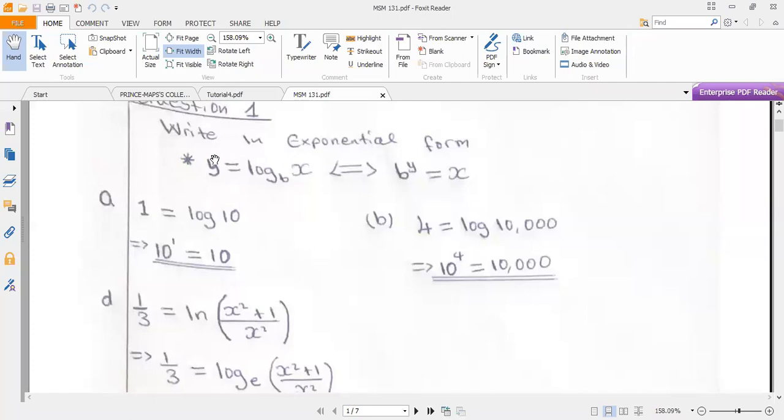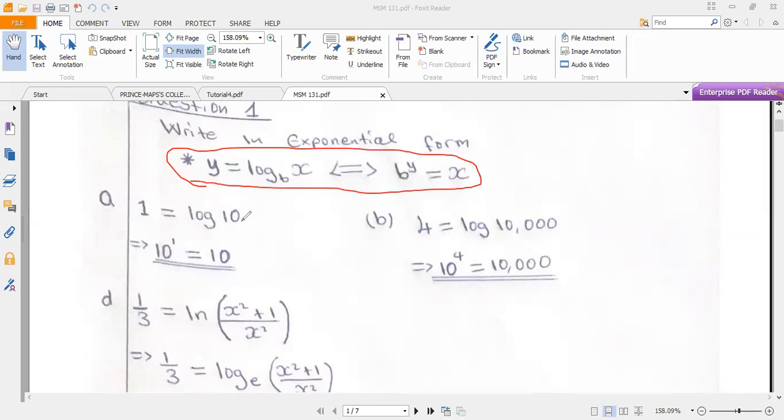So according to this formula that we just showed up here, let me just highlight something in that formula. According to the formula I've highlighted, it is telling us that if we have y is equal to log to the base b of x, then it comes out as b to the power y is equal to x.